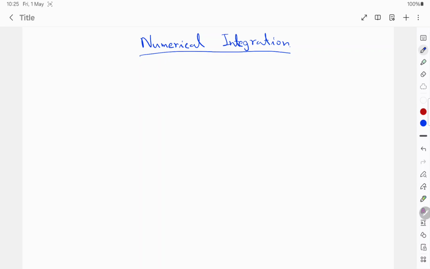Basically, you know how to do integration, right? For example, if I give you the integral of sin x dx, suppose this is from 0 to pi, you can easily do this type of integration.